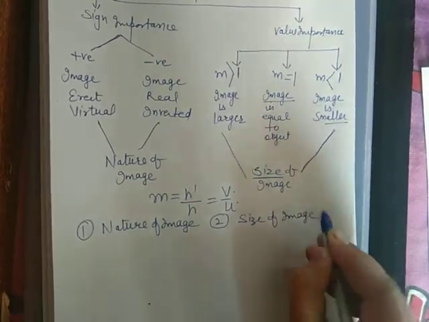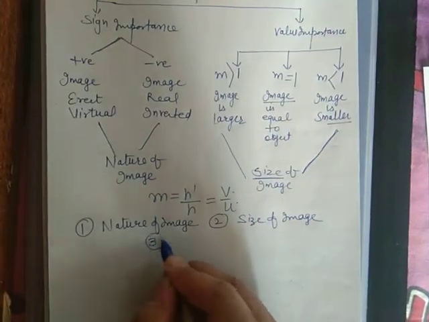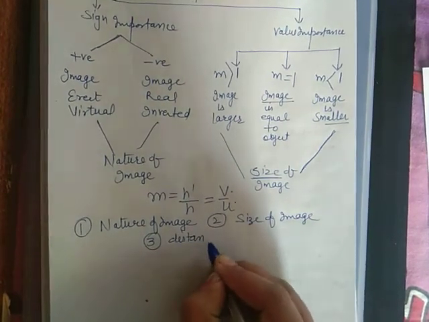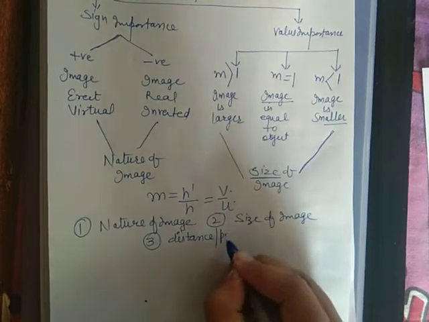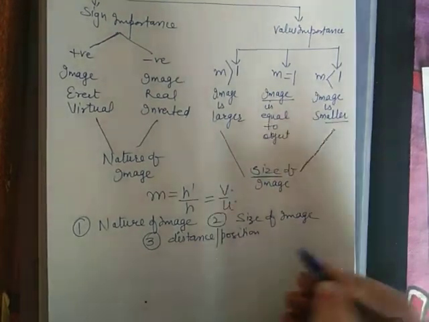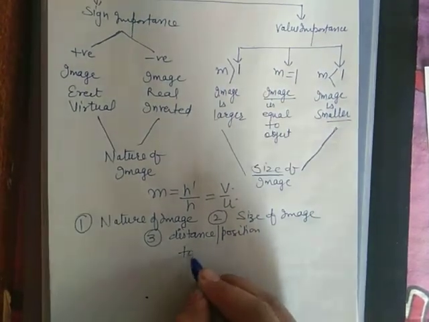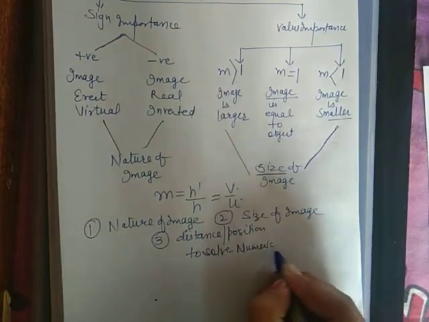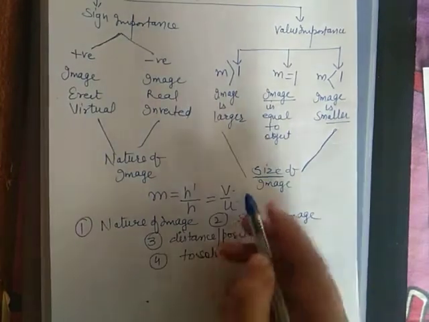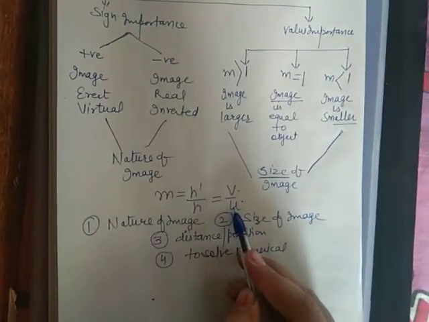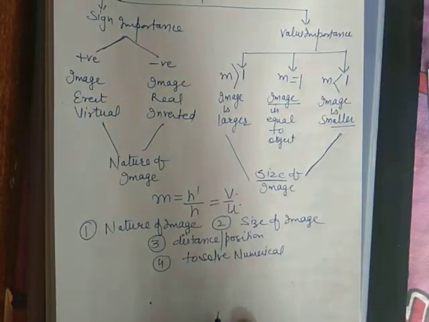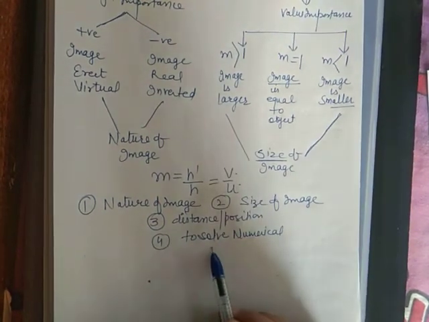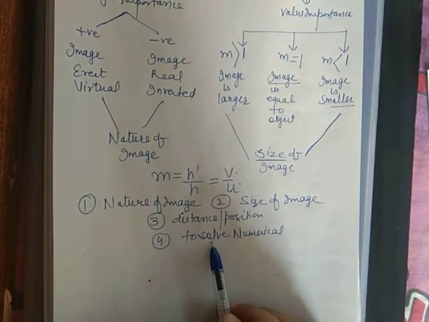And doing mathematical calculation, we can also find the distance or position of image. So it will help us to solve numericals. Any one can be asked, the remaining can be given, then we can find out the asked one. So in this way it tells us about the image information.